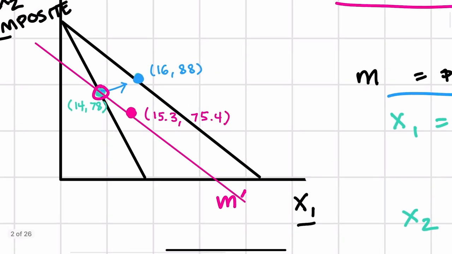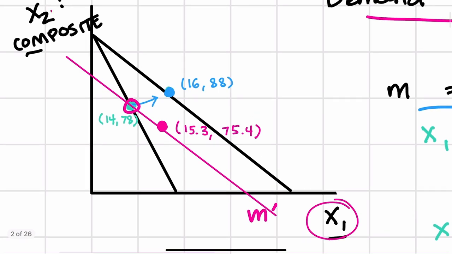After the relative prices changed, good 1 got less expensive compared to good 2, going from this original bundle to the new relative prices. And as a result, we got more of X1 and less of X2, which makes sense because that's the direction that the relative prices were encouraging us to go.